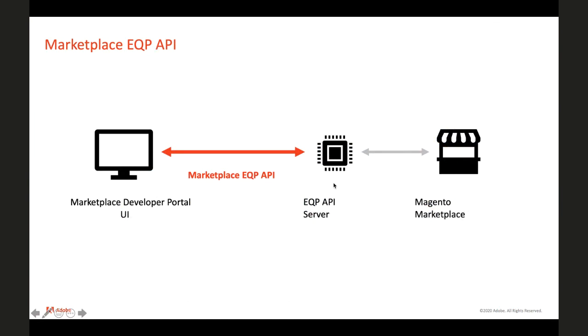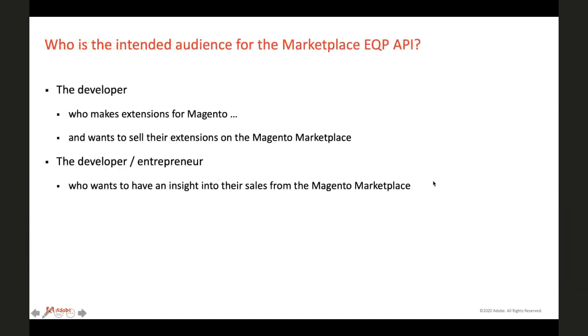And then again, once you've passed through the EQP program, your extension would get placed onto the marketplace, the store. The intended audience for this API is the developer. And it's specifically a developer who makes extensions for Magento and wants to sell those extensions on the Magento marketplace.